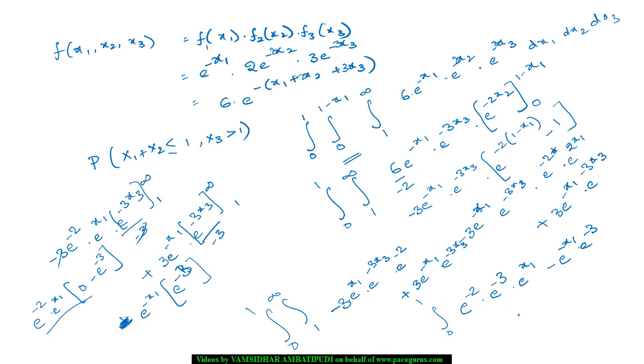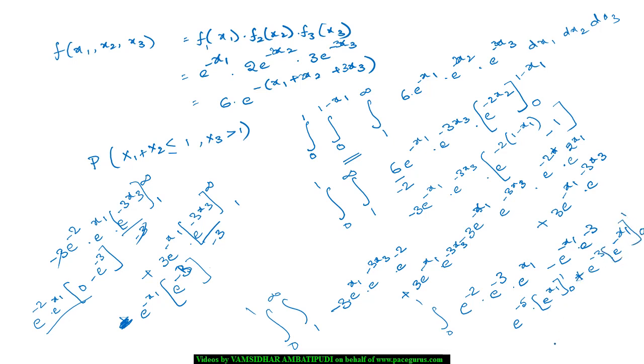So which would be like e to the power of minus 5 e to the power of x1, I'm integrating it between 1 and 0, minus e to the power of minus 3 times e to the power of minus x1. So minus will become a plus and this would be integrated again between 1 and 0.